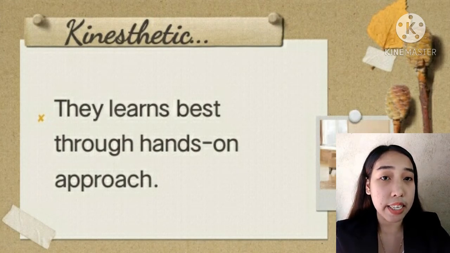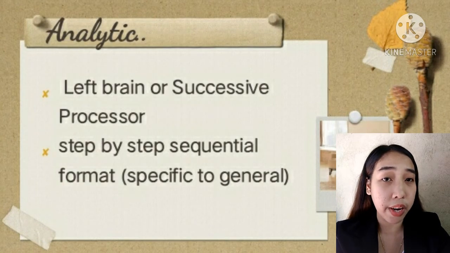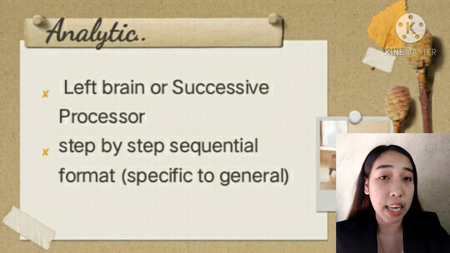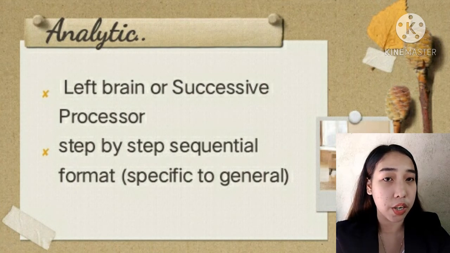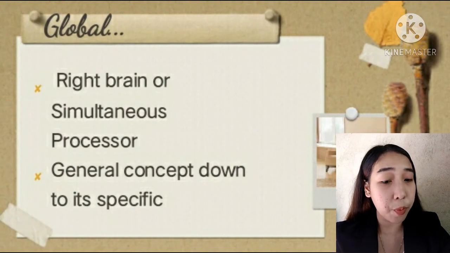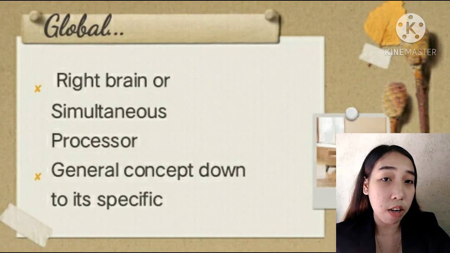Analytic refers to the left brain, also known as the successive processor, which means learning in a step-by-step sequential format, from specific to general, while global refers to the right brain, also known as the simultaneous processor, which means learning from the beginning with the general concept down to its specifics.